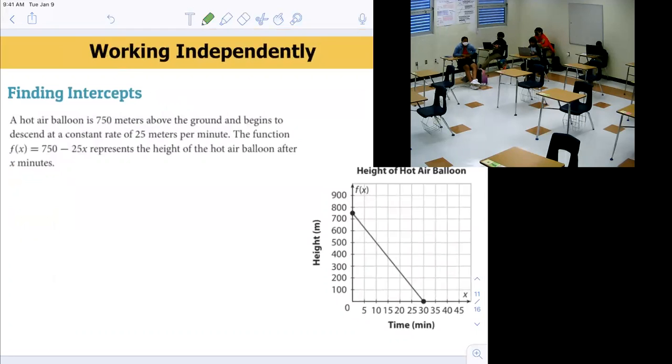So my question is, what is the x-intercept and what does it mean? What is the y-intercept and what does it mean? So I want you guys to take 2 minutes to identify the x-intercept and the y-intercept, and then also to try and figure out what it's telling us about this situation.